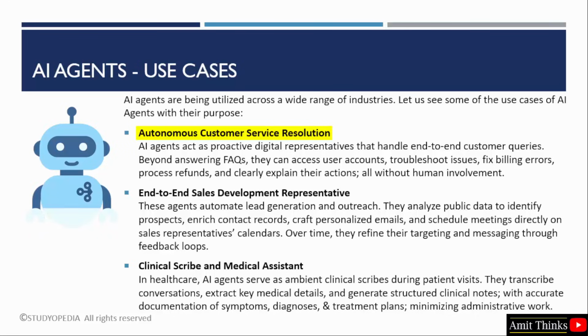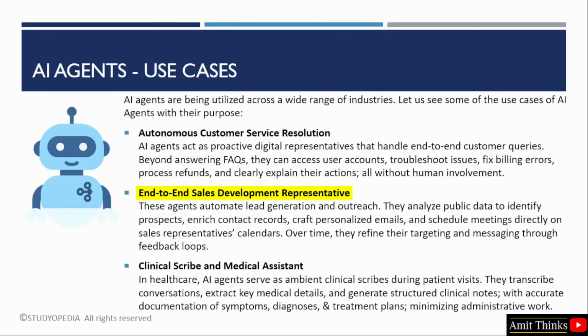That is, go beyond answering FAQs, access user accounts to troubleshoot issues, correct billing errors and process refunds, provide clear explanations of actions taken. All of this happens seamlessly without requiring human intervention.